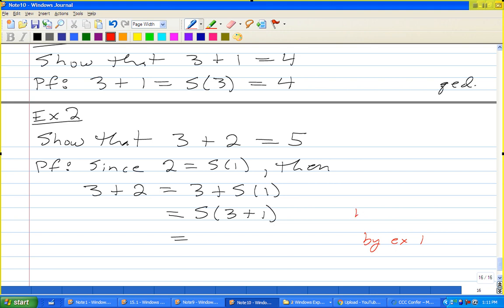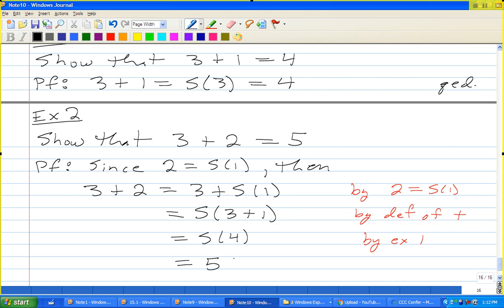This is by the definition of addition. This is by the fact that 2 is the successor of 1. So by example 1, I know that 3 plus 1 is 4.